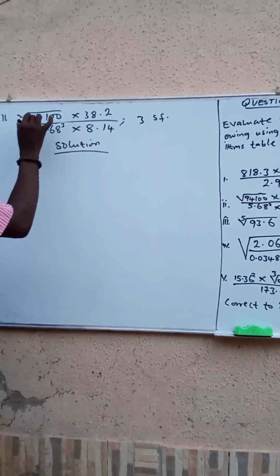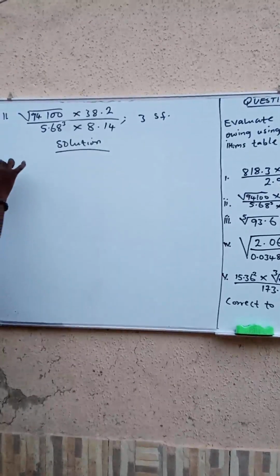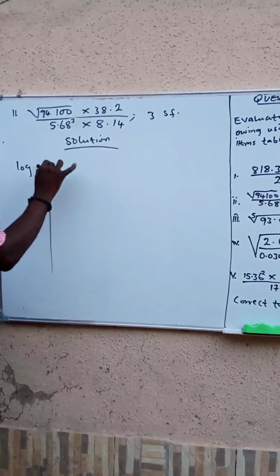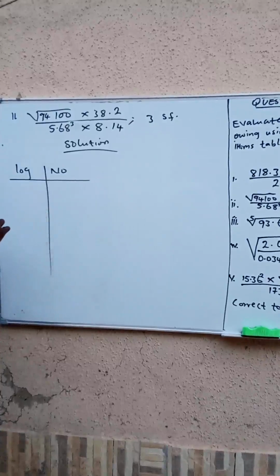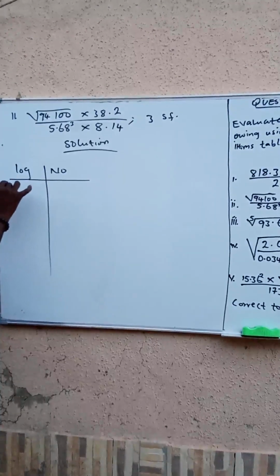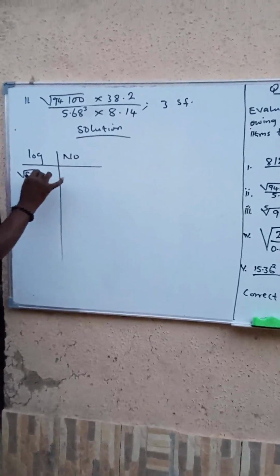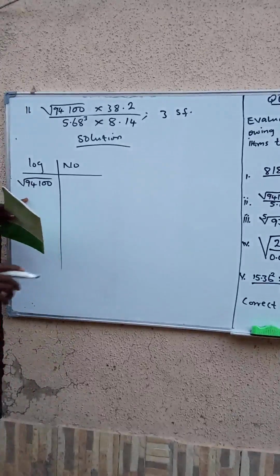So in the solution, you write log, we all know that, and number. Draw your line. Now we have the root of 94,100. Good. Now what do you do here?